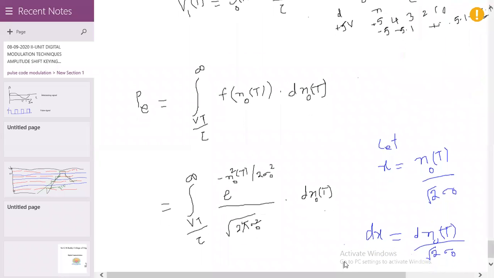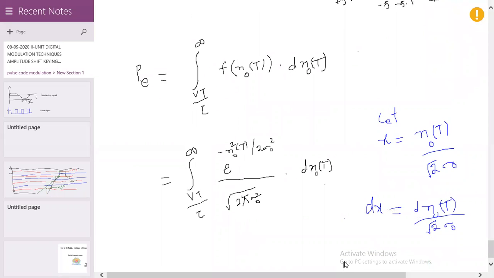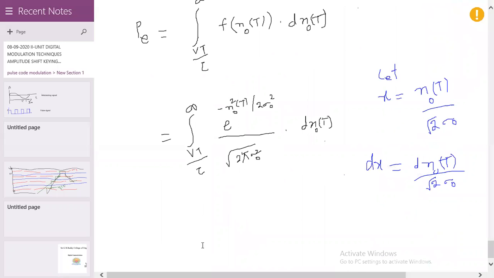Then here you can substitute this one into this equation. This equation becomes integration. Here x is equal to Vt by tau.